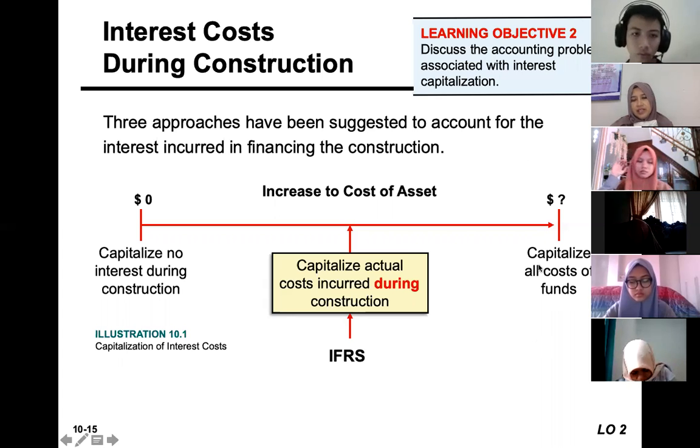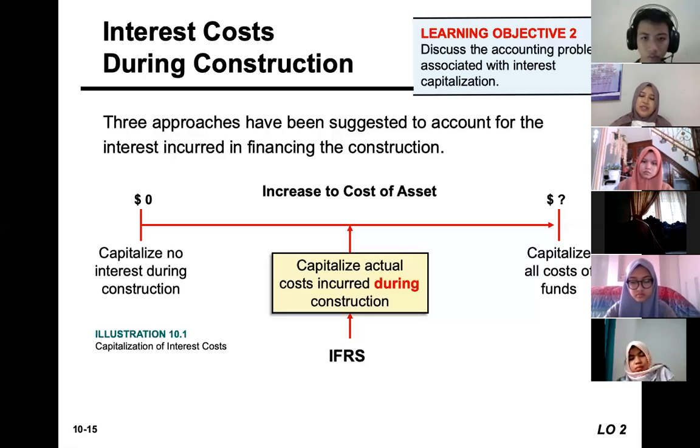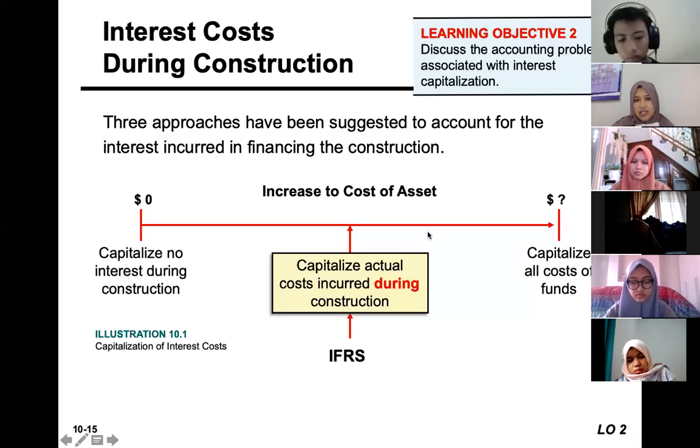But actually that's not the actual interest cost, right? For the equity financing. For the debt financing, yes. The company is paying interest for their debt, right? So that's why the IFRS requires only capitalizing actual interest costs during the construction.